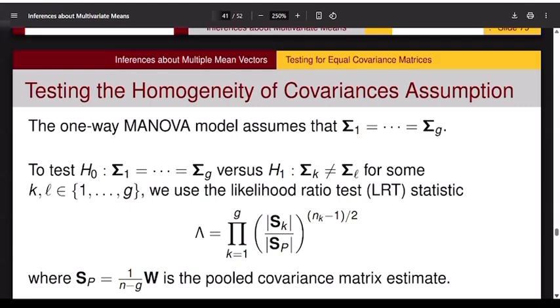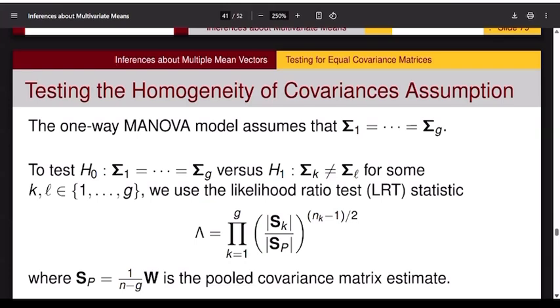If the covariance structure is not the same, that could invalidate whatever decision you're going to take using the multivariate analysis of variance. Because of that, before we embark on the test at all, the very first thing is to investigate that.